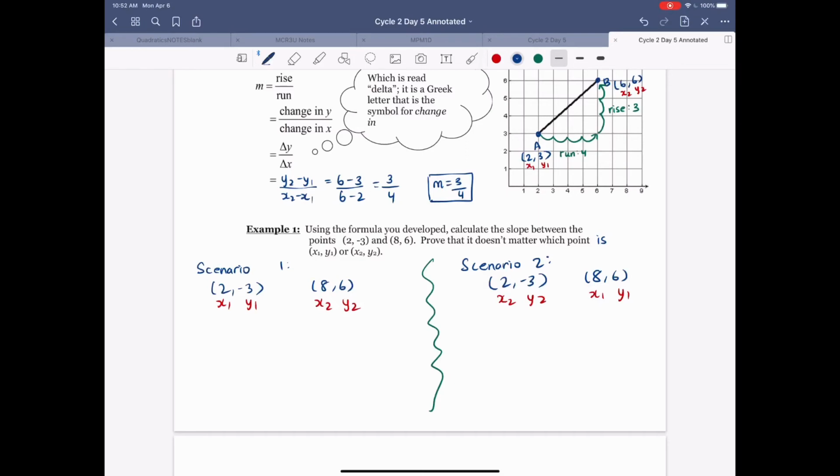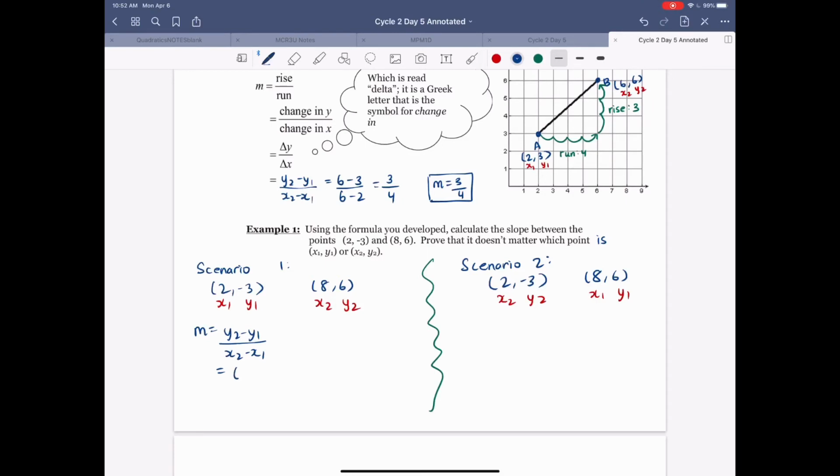Well, we're going to see. All right, so m is equal to y2 minus y1 over x2 minus x1. And I'm going to plug in my values. I usually write this all out. For my coordinates, I distinguish what my x1 and y1 is. And therefore, when I sub things in, it's very clear what I need to sub in.